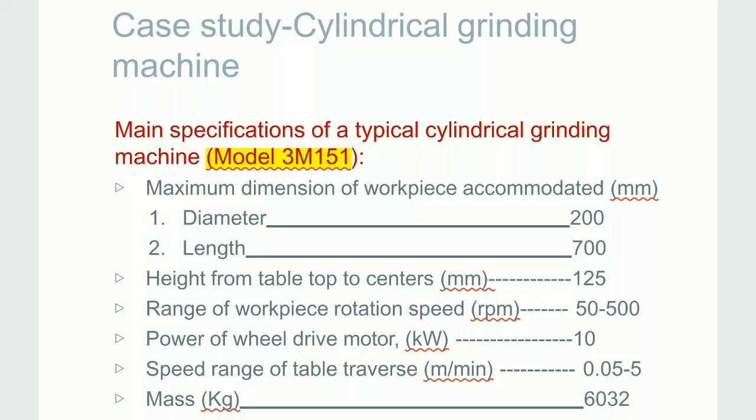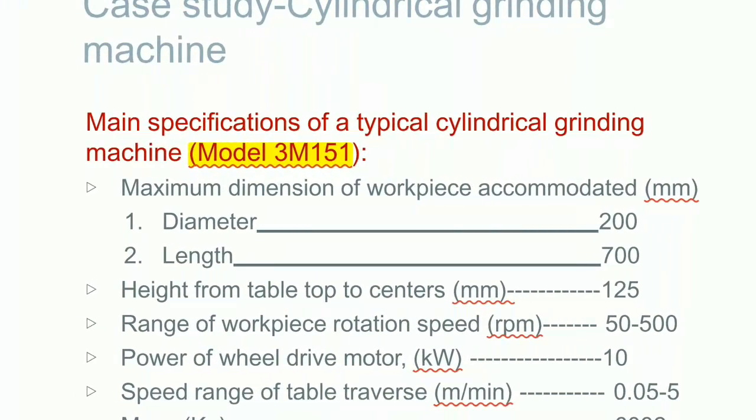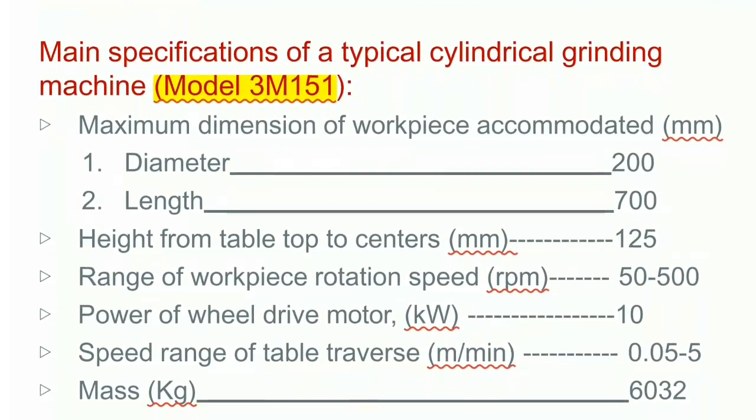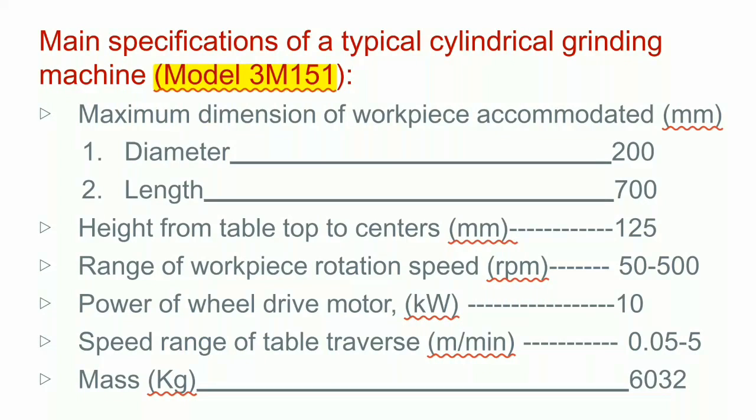Case study: cylindrical grinding machine. Main specification of a typical cylindrical grinding machine, model 3M151. Maximum dimension of workpiece accommodated, unit in millimeter: diameter 200, length 700.